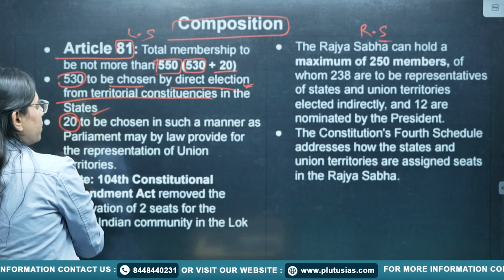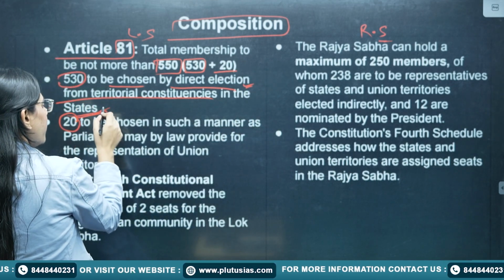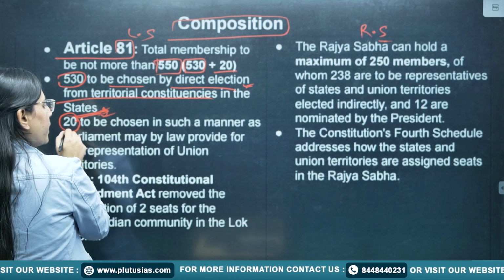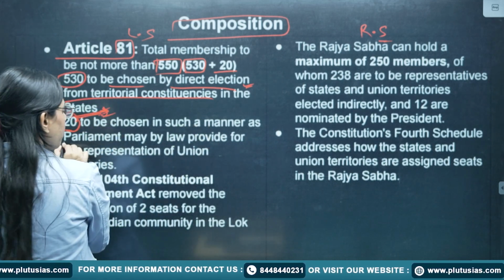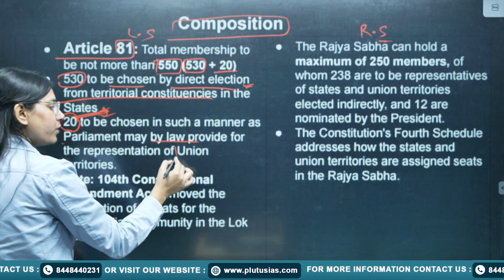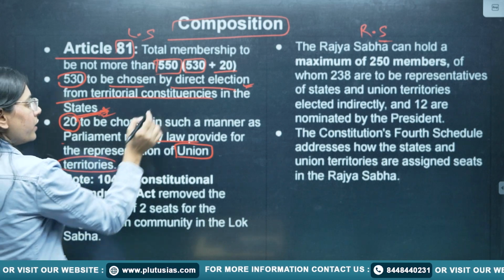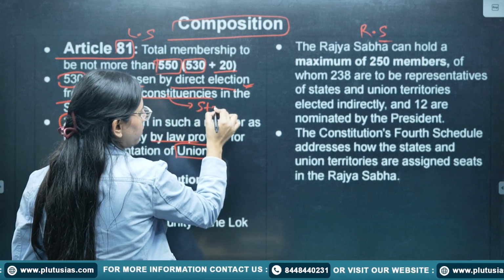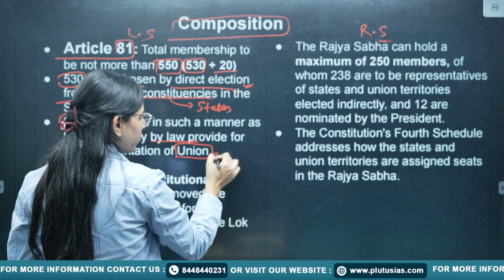After that, what are the 20 members? They are chosen in such a manner as Parliament may by law provide for the representative of UTs. Okay, these are from the states and these are from the UTs.